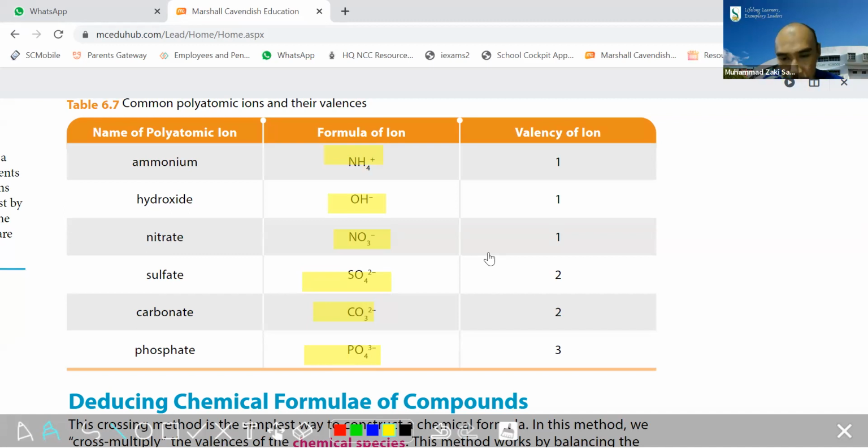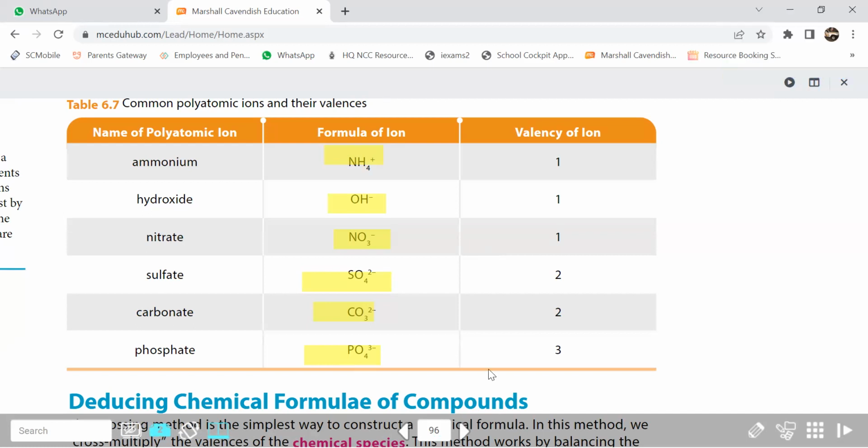This one is page number 96 of your textbook. Do we need to memorize that table also? Yes, must memorize. Is it tested in EOI also? Yes, I can test in EOI. So memorize slowly first.